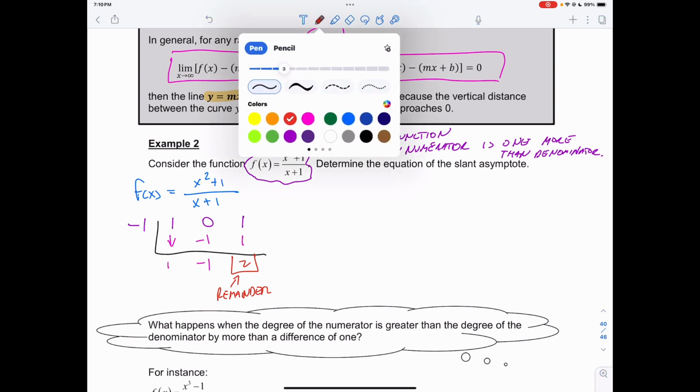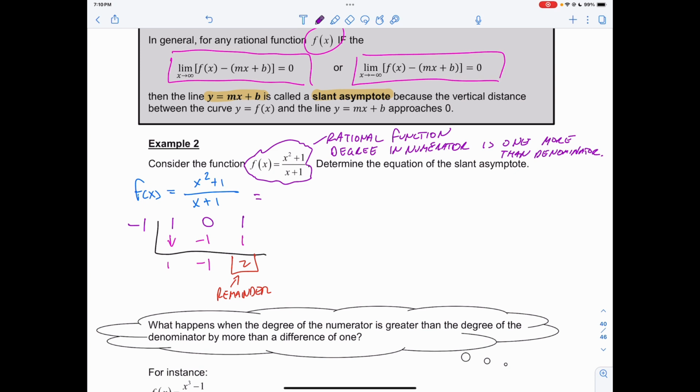So my function, (x squared plus 1) over (x plus 1), I can rewrite as x minus 1 combined with 2 over (x plus 1).